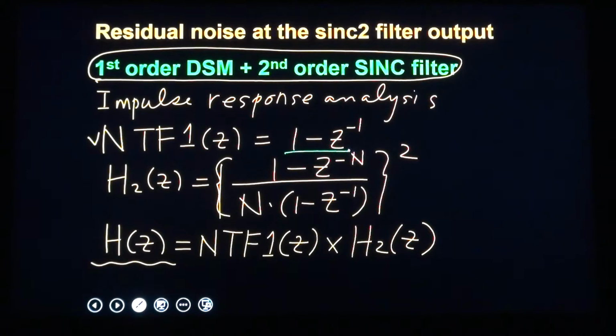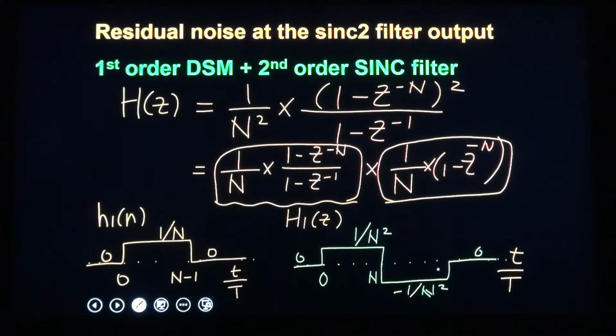And then second order, the transfer function of second order sinc filter is just the square, right? H1(z) squared. So the entire transfer function H(z) is NTF1 times H2(z). So we can write it like that.